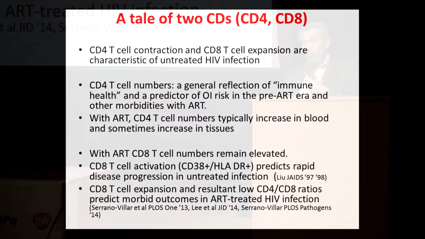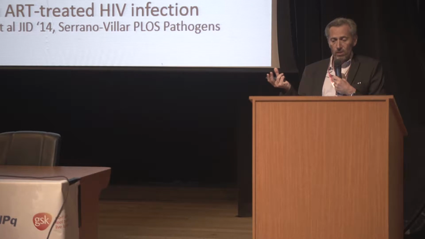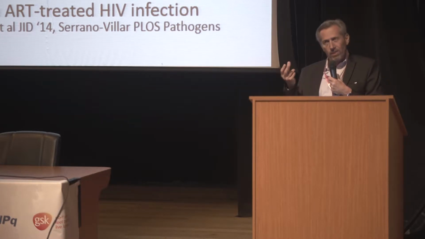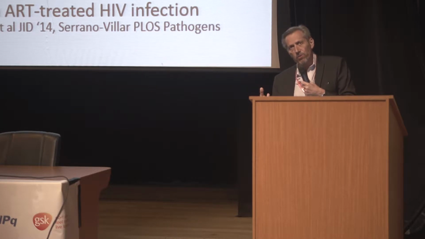Now, what happens to CD4 T cells? We all know that when we start antiviral therapy, the numbers go up. And sometimes, but not as reliably, we see an increase in CD4 T cells in tissues, lymphoid tissues, and gut.